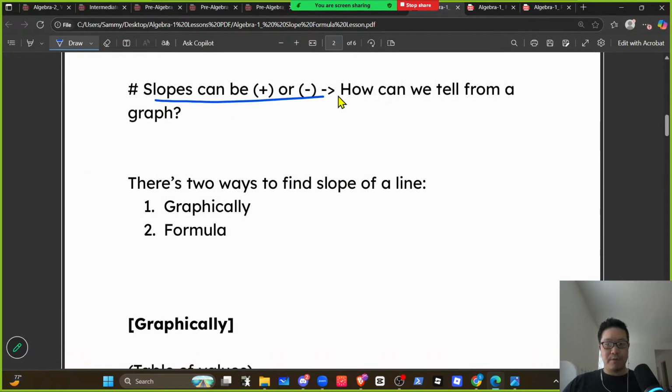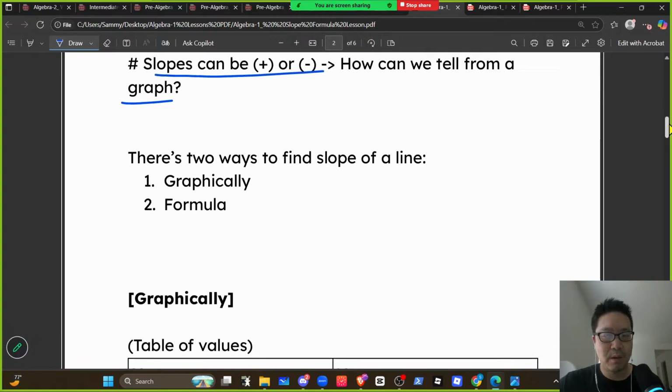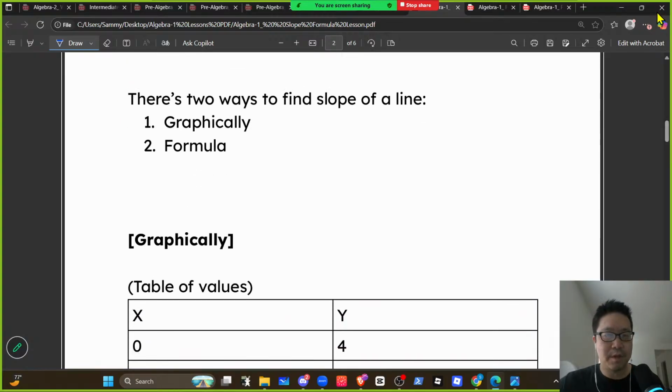So we've already went over this. Slopes can be positive or negative. How can we tell from a graph? If the line is angling down, it's negative. If it's going up, it's positive. So there's 2 ways to find the slope of a line. First way is to do it graphically, and the second way is to do it formulaically.